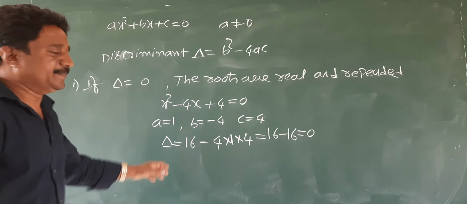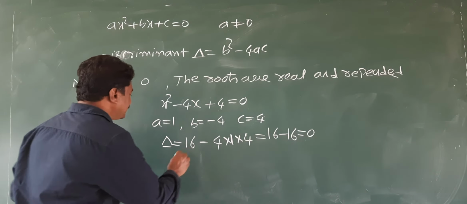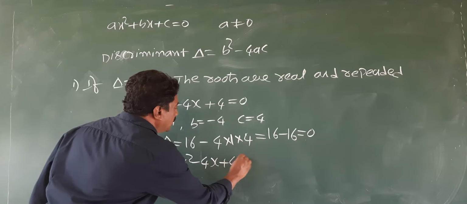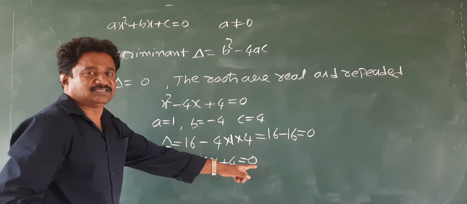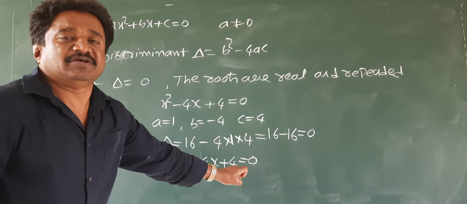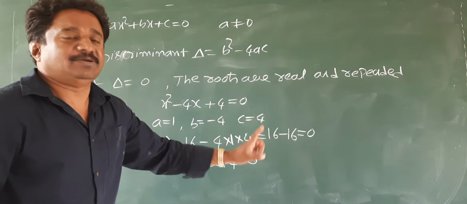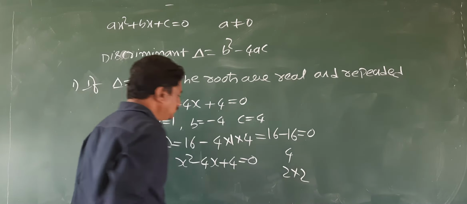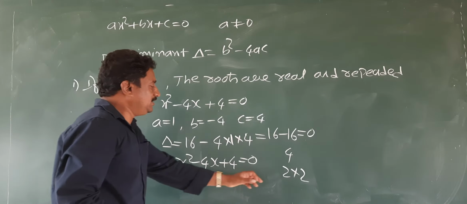I will show that. You go for solving, students. x square minus 4x plus 4 equals 0. Solve this quadratic equation by using the factorization method. Two numbers whose product is 4 and sum is minus 4: tell me the signs.